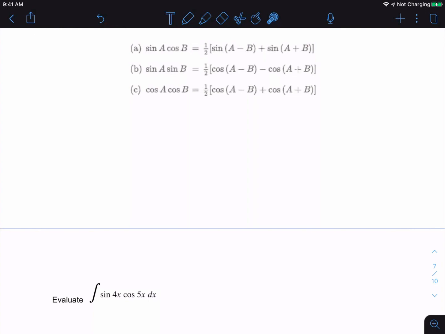A, B, or C? A. It's A. So then that tells me, and I'm going to write it down here, so when I use it, you guys can see it.